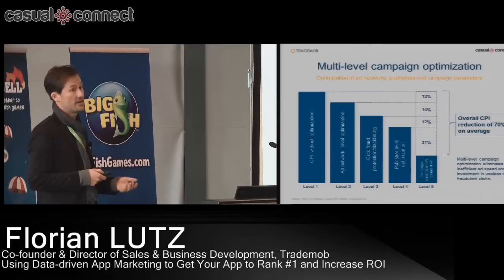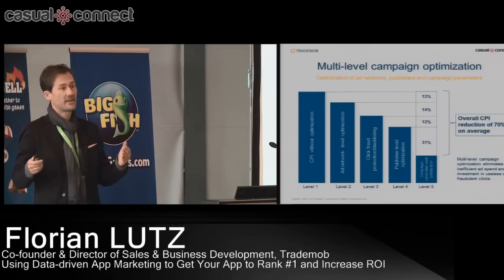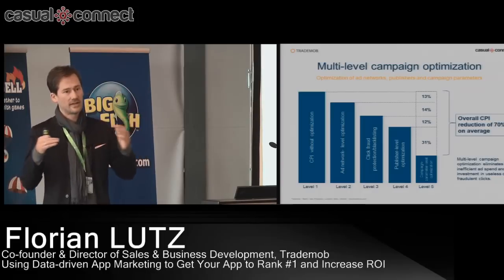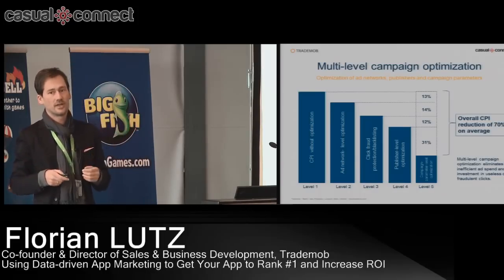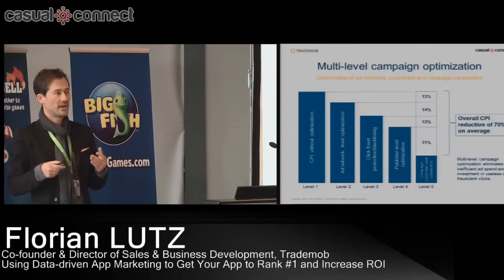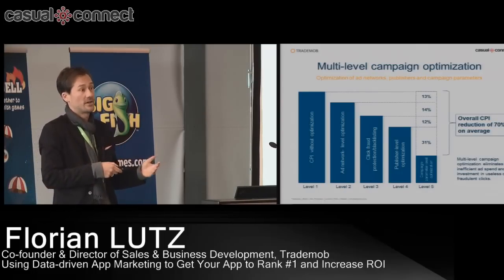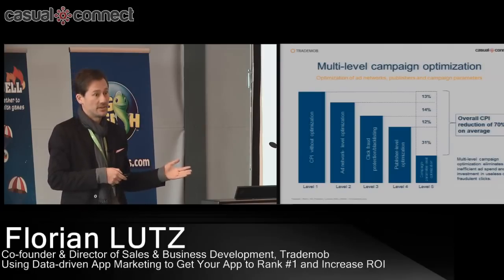The next level requires quite a lot of workload, because once you have decided how to allocate your budgets between different networks, you will need to start making allocation decisions not between networks but between different publishers, and we're talking thousands of publishers for each country.